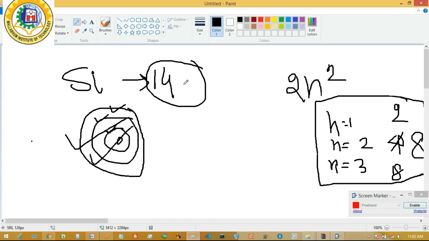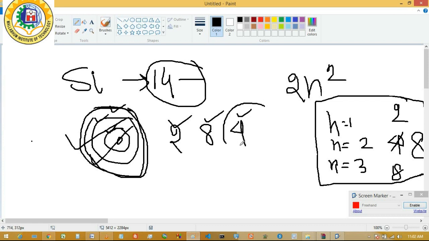Also, for the outermost electrons: the silicon atomic number is 14, so in the first principal quantum number only 2 electrons reside, in the second only 8, so there are 4 remaining electrons.